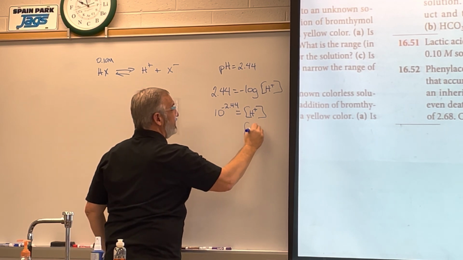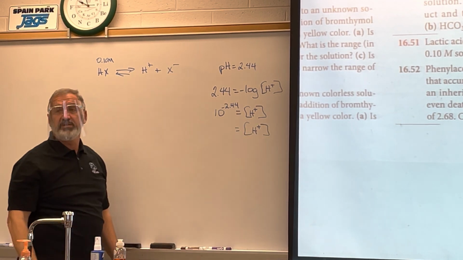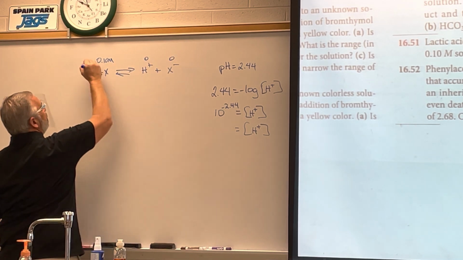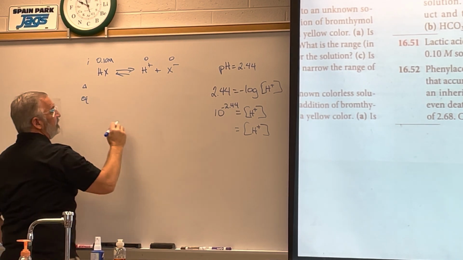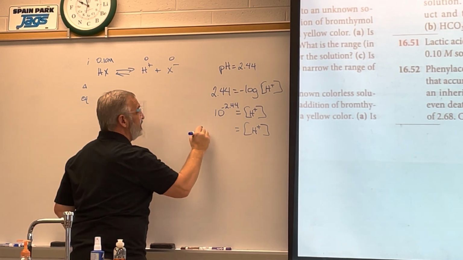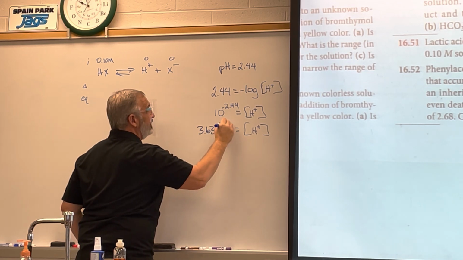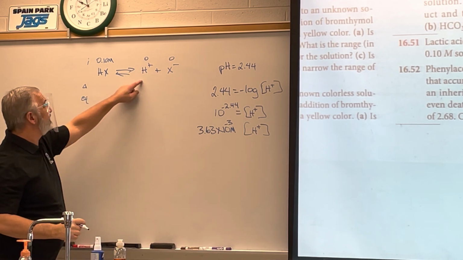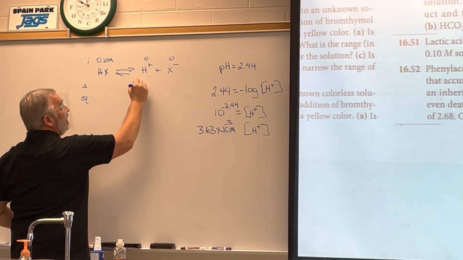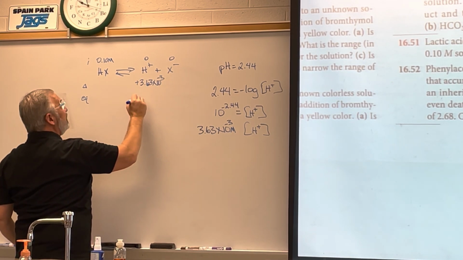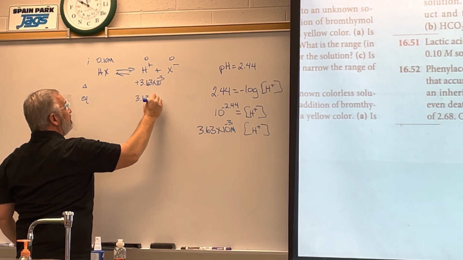So H plus is equal to 3.63 times 10 to the minus 3. Okay? So now I know what H plus is. So this must have been plus 3.63 times 10 to the minus third. So at equilibrium, I have 3.63 times 10 to the minus third of this.